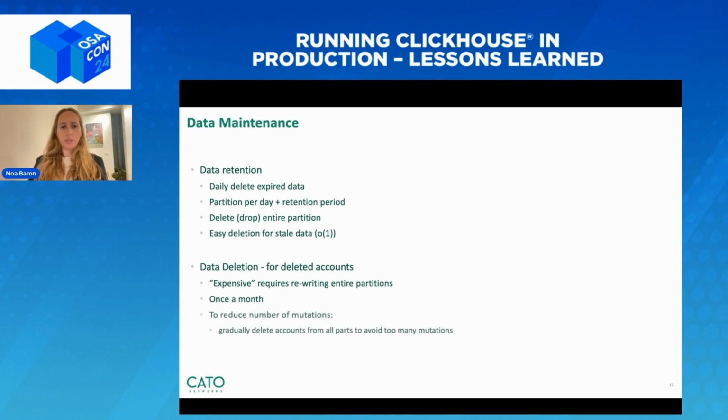So again, here we implemented a gradual deletion. We have a cyclic job that gradually deletes all the deleted accounts from a certain batch of parts. Then once it is done, it moves on to the next batch of parts. So we have better control over the mutations going around in the cluster.